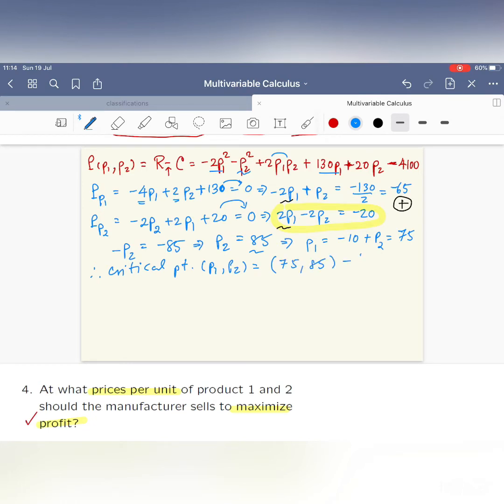So you need to check whether this critical point really gives you a maximum profit or not. So you are going to test the derivative of the profit with respect to the same direction, P1, P1. So here it is your P1, so you have negative 4.